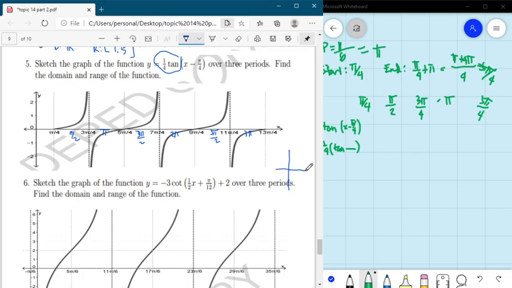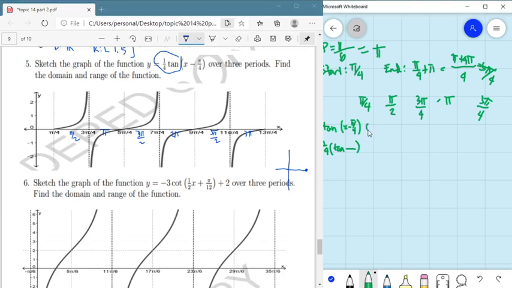Here, your cosine is 1 and your sine is 0. Tangent is sine over cosine, so it's 0 over 1. So tangent of 0 is 0.